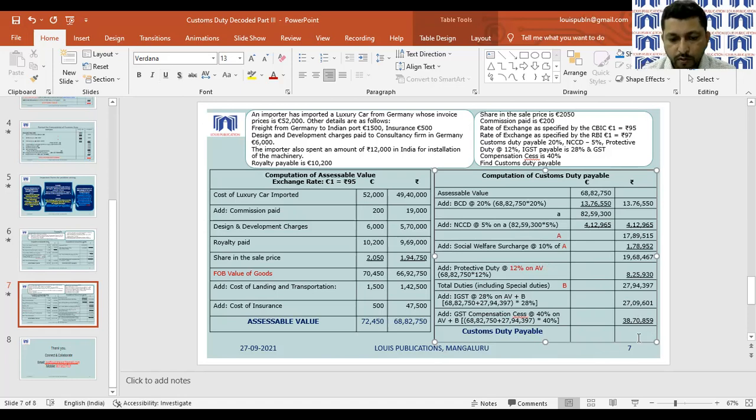And total customs duty payable will be 38,70,859 plus 27 lakh 09,601 plus 27,94,397.